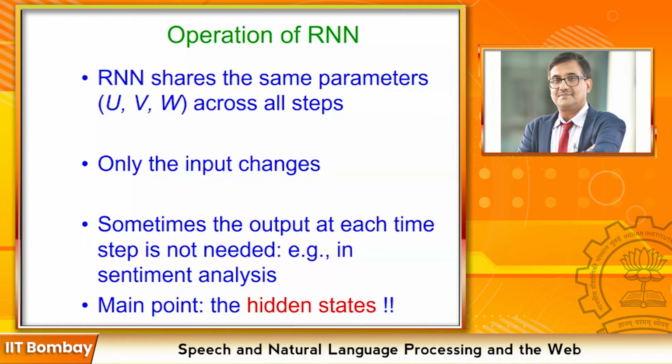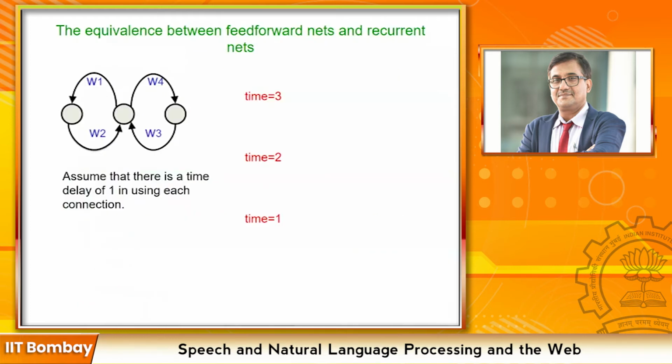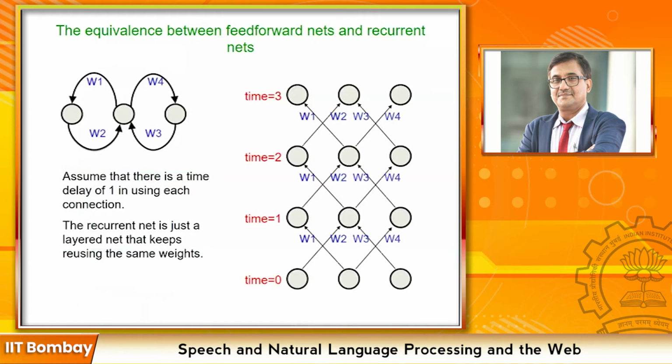Output also changes at every time step. An example due to Geoffrey Hinton is instructive, where there is this recurrent neural network. This is an actual assembly of neurons. This is not really a time-stepped diagram.